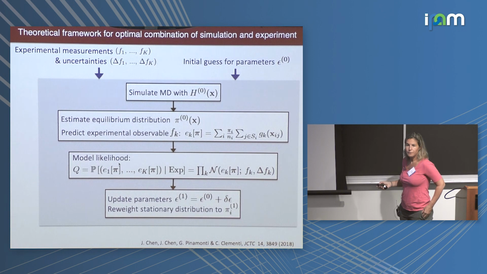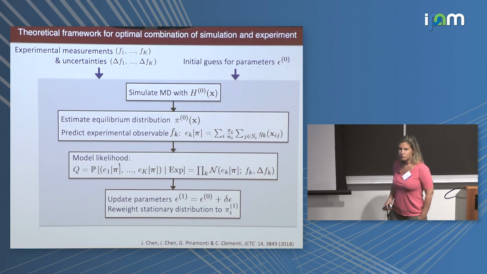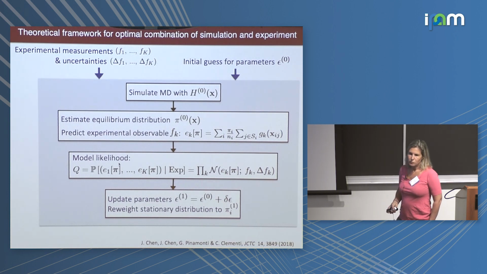I have a question. When you make this algorithm work, your forward model for the experiment should be exact, or it can be a proxy model? Exact means that if you know your configuration, you can predict the experimental signal exactly, or there can be some parameters. There can be parameters.